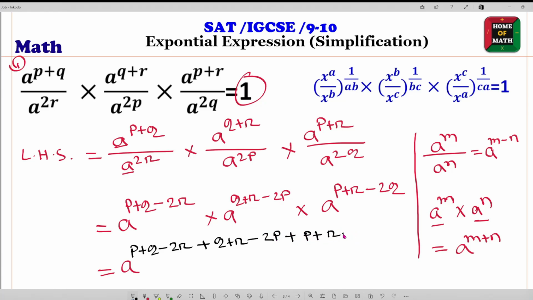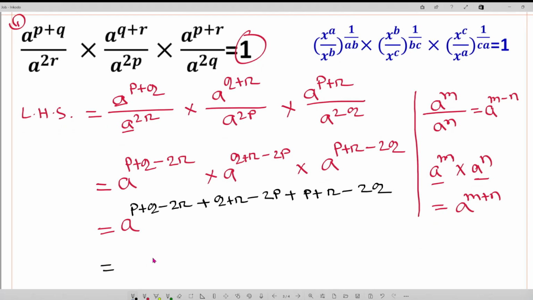Now we have to find the similarity in this expression. Here is p and here is p, it will become 2p, and here is minus 2p.